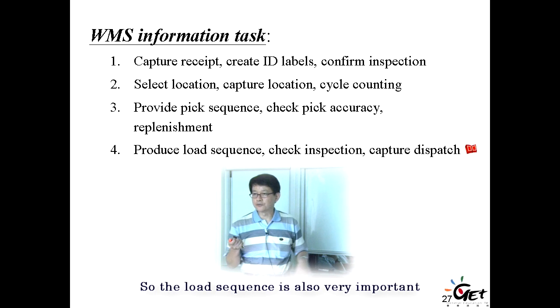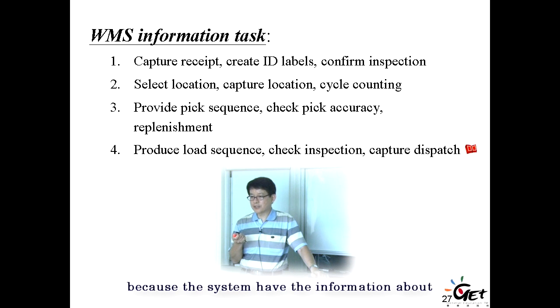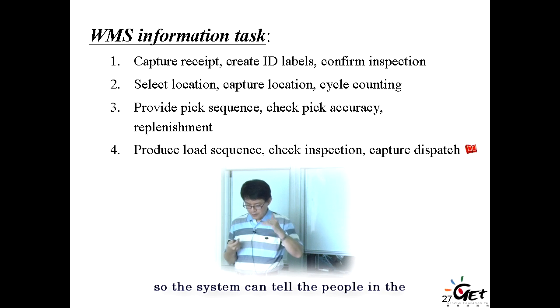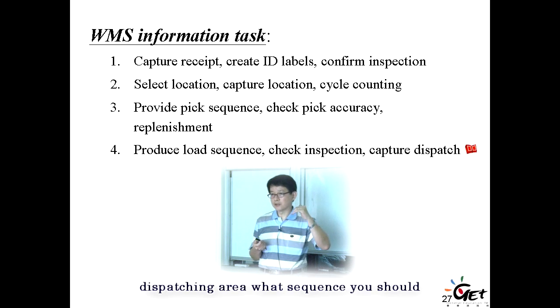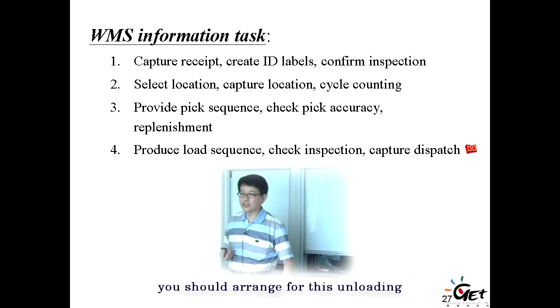Okay. So the load sequence is also very important, and because the system has the information about these retailers, the system can tell the people in the dispatching area what sequence you should arrange for this loading.